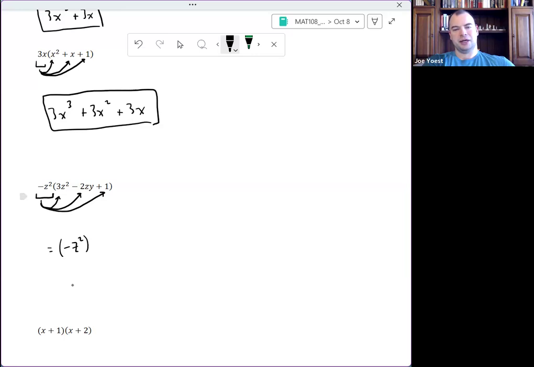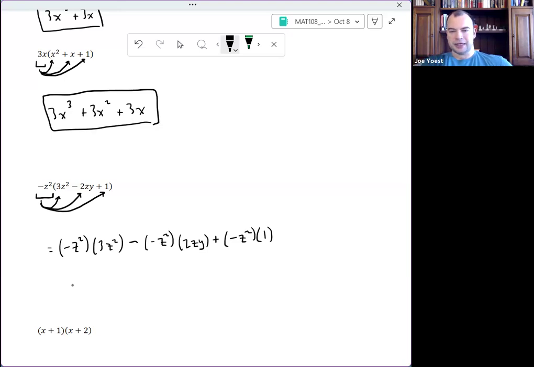So let me actually write out this distribution since this one's a little more complicated. So I have negative z squared times 3z squared, and then minus negative z squared times 2zy, and then plus negative z squared times 1.